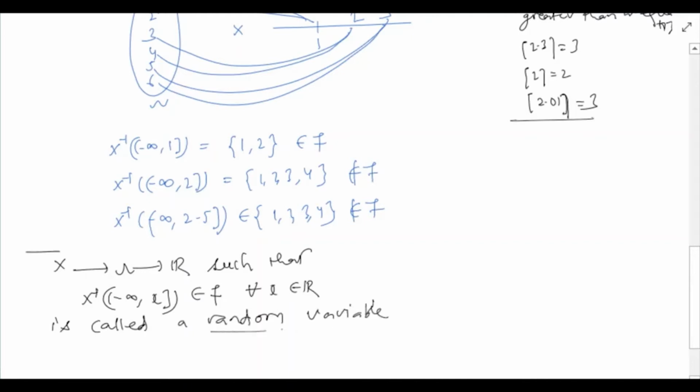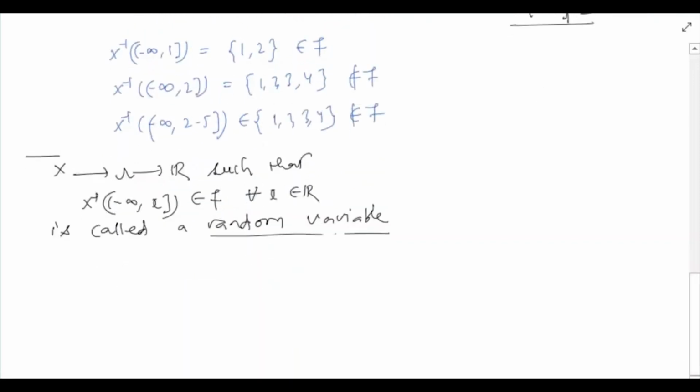Let us illustrate this definition of random variables with a few more examples. Let us again consider the experiment of tossing a die. As before, the sample space is 1 to 6.